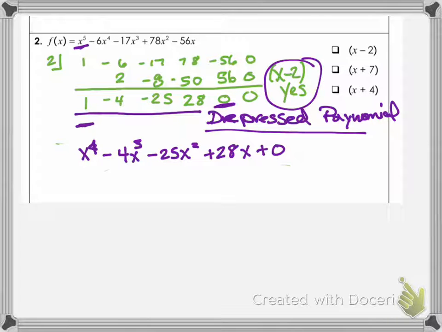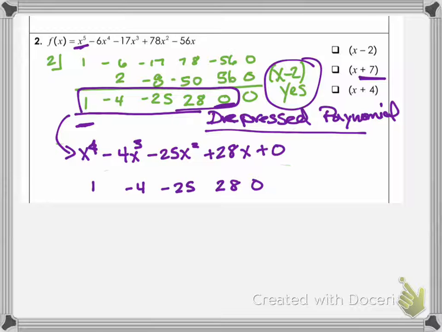So let's take that one, it's shorter, and do synthetic division with this next term, x plus 7. So 1, -4, -25, 28, and 0. We don't really have to write this out, we could have just used this, but I was just showing you what you're doing.